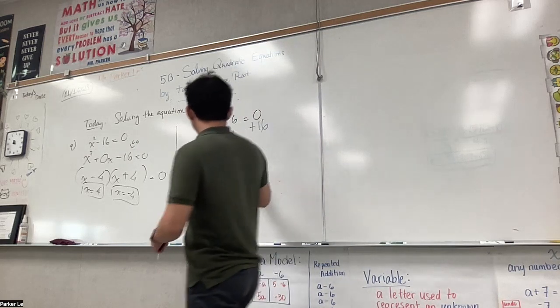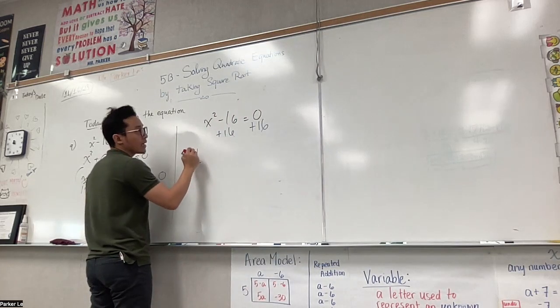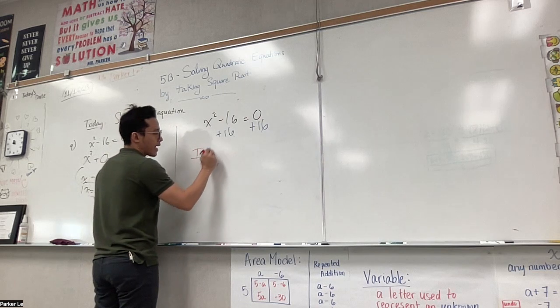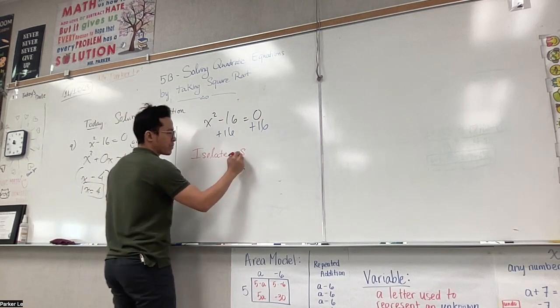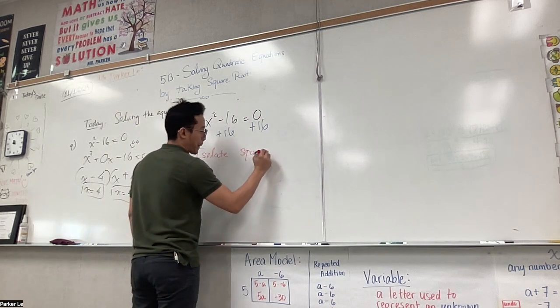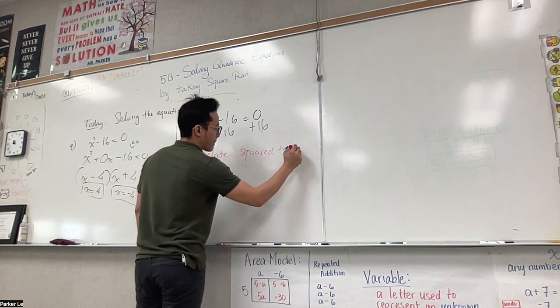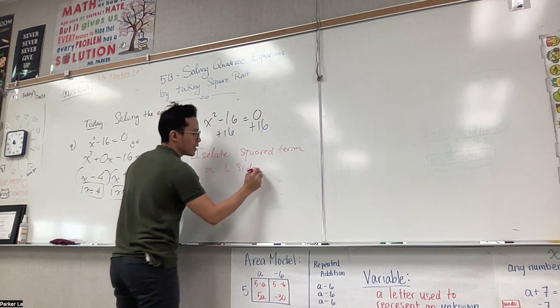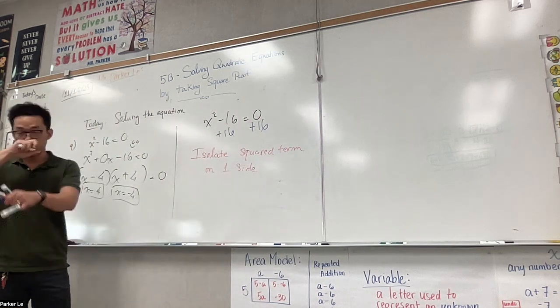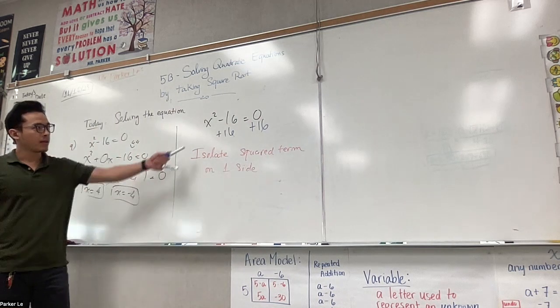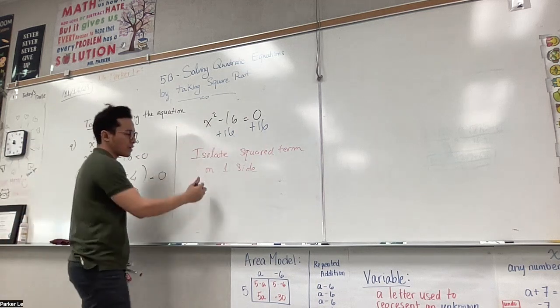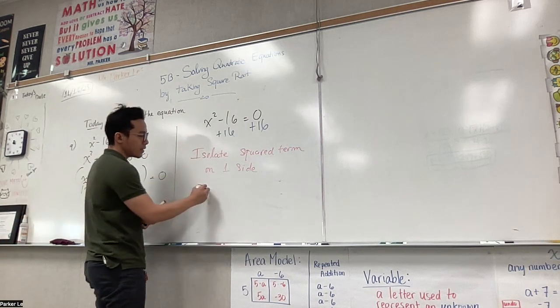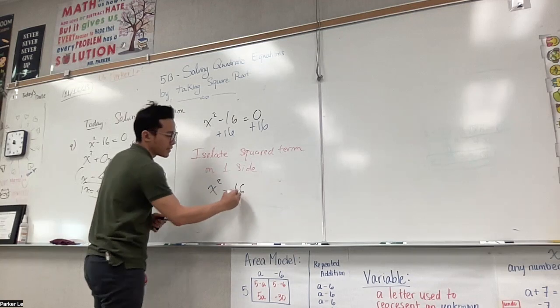So write a note like this: isolate the square term on one side. Need to do this first. So add 16 here, and we get x squared equals 16.